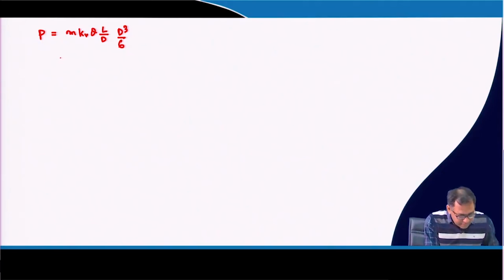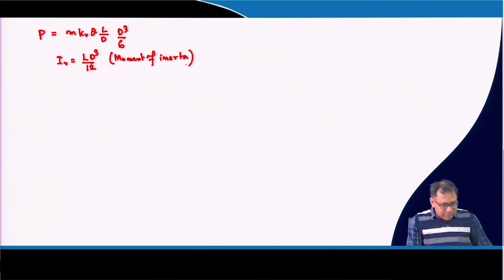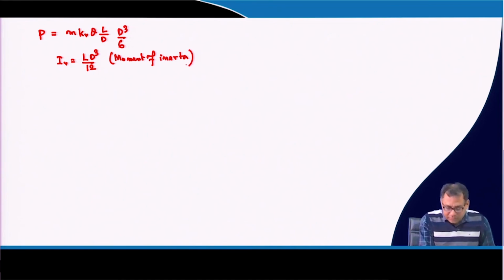So, now I can write that Iv is equal to L d cube by 12, which is the moment of inertia about the horizontal axis. So, now I can convert P is equal to, this is 12, so this will be 2 m Kv into theta.